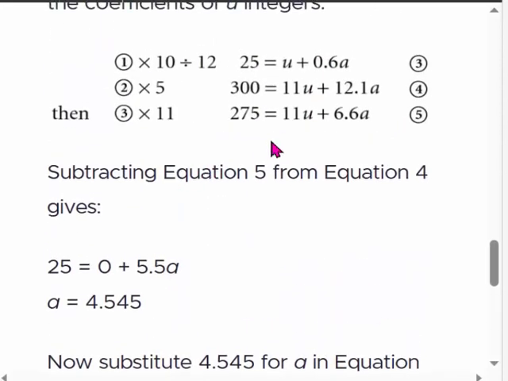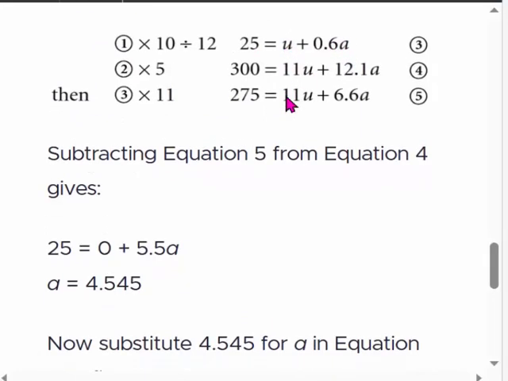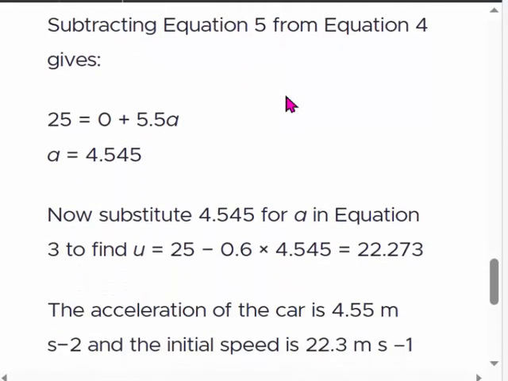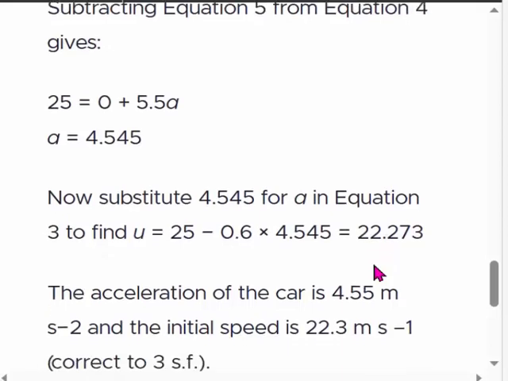Equation 3 has two unknowns, u and a. Once you substitute for a, you can find the value of u, the initial velocity. So u is equal to 25 minus 0.6 times the acceleration, which gives 22.273.